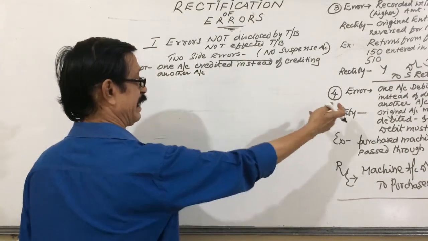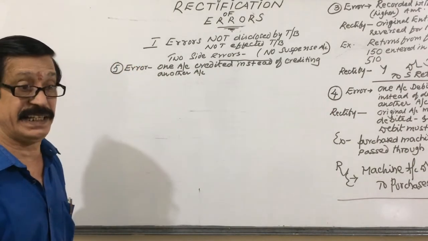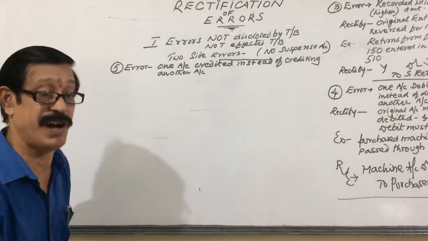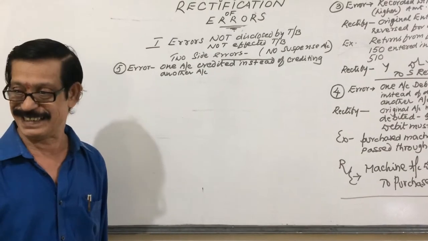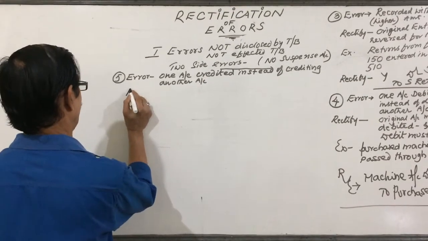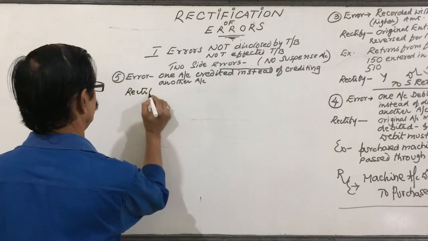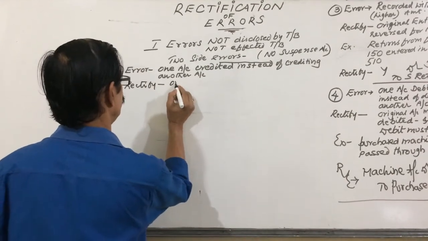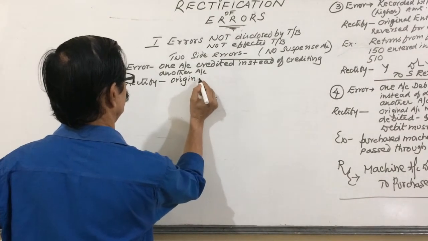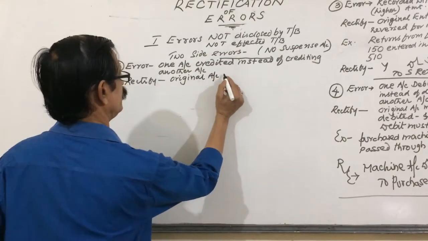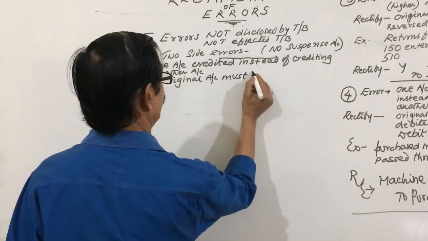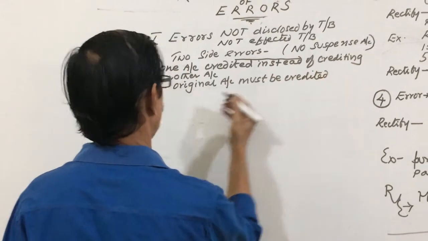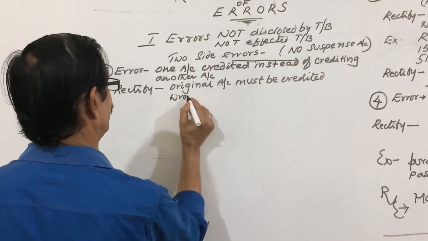It is the same model, but here one account debited instead of debiting another; here one account credited instead of crediting another account. Understand? Rectify: the original account must be credited, and the wrong credit must be debited.